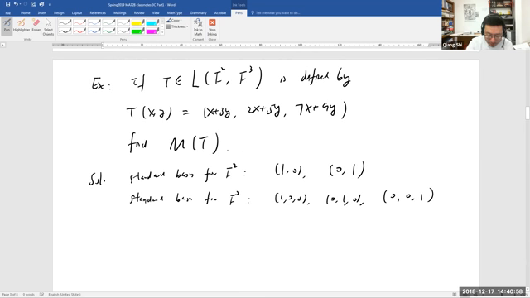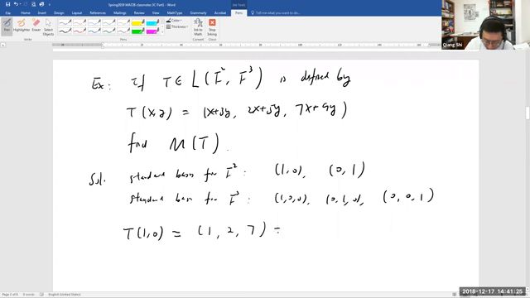All right, so the first thing is you ask yourself, what is T of 1 0? T of v1. Well, T of 1 0: x is 1, y is 0, so this is 1. And x is 1 times 2 is 2, plus 0 is 2. X is 1, y is 0, so 7 plus 0 is 7. So I have this one. And do not stop there, right?